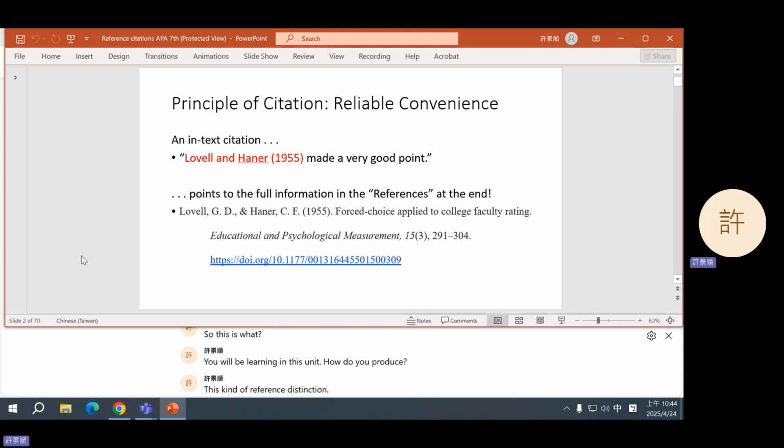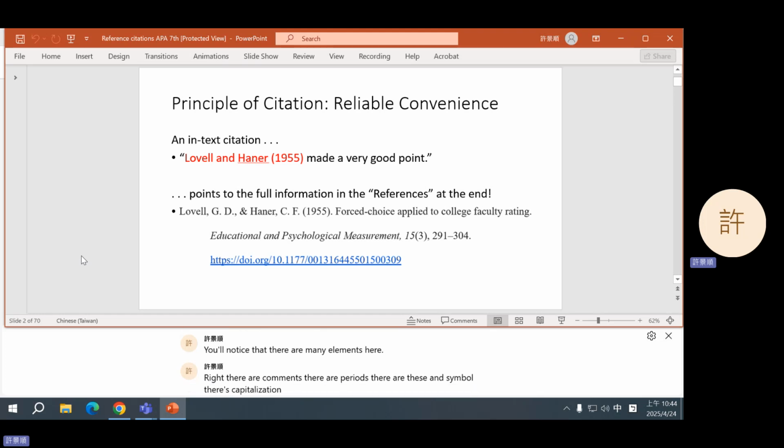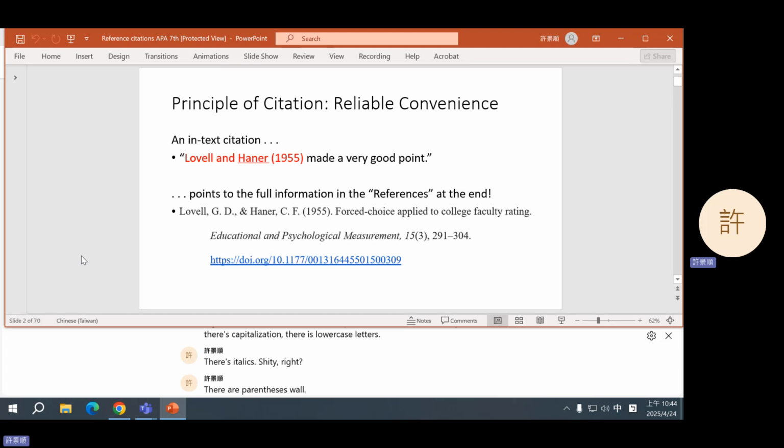You'll notice that there are many elements here, right? There are commas, there are periods, there's this ampersand symbol, there's capitalization, there's lowercase letters, there's italics, 斜体, right? There are parentheses, 括号. There's even an en-dash, 范围号. There's also one more thing that you probably did not notice.